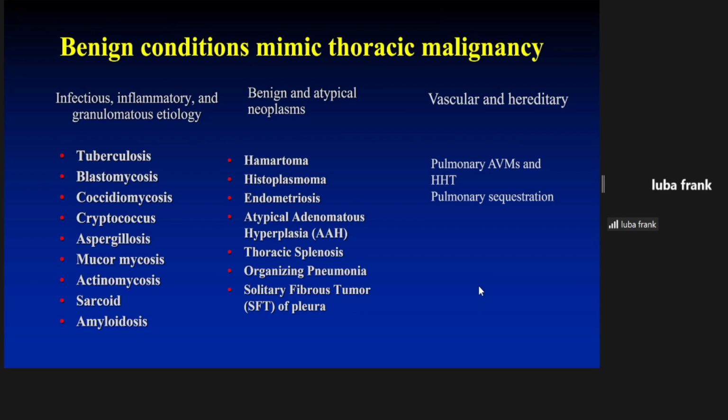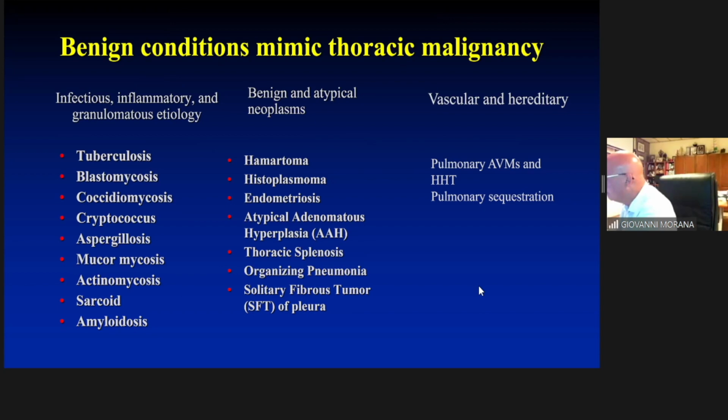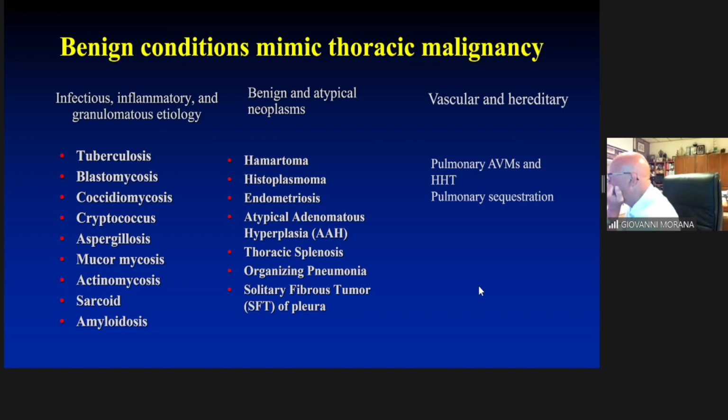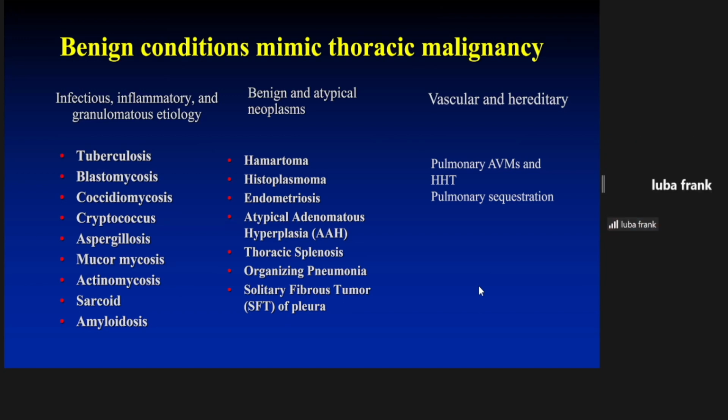Blastomycosis is coming second. Coccidioidomycosis, crypto, aspergillosis, mucormycosis, actinomycosis, sarcoid, amyloidosis, etc. I will try to show most of these diseases, the subtypes that are pertinent to the topic.